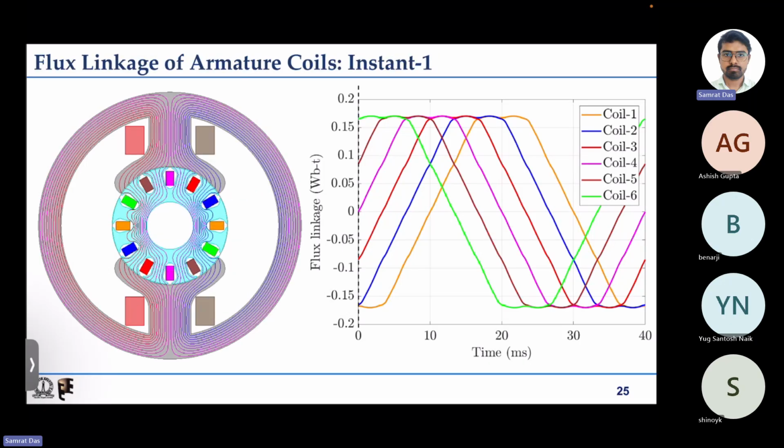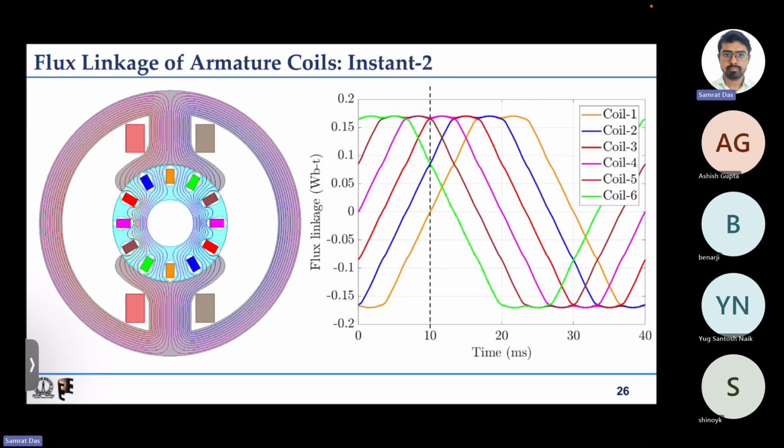We discussed these two instances. One is instant 1, that is t equal to 0, about which I have just told you, and after 90-degree rotation, say at t equal to 10 millisecond, you can see that the orange coil, coil 1, has come from horizontal position to vertical position. So at this instant, the axis of coil 1 is perpendicular with respect to the field axis.